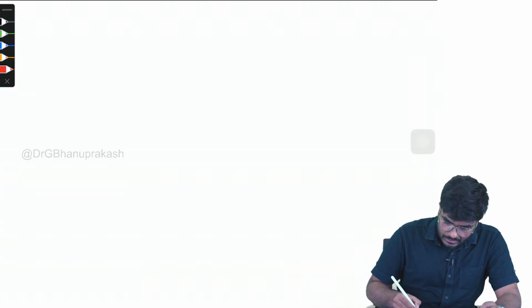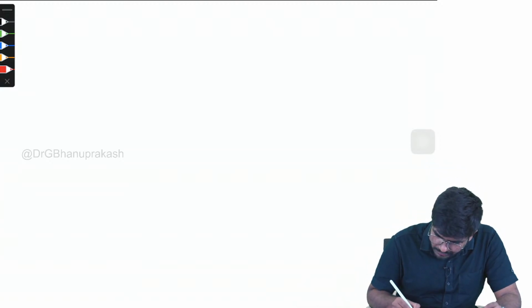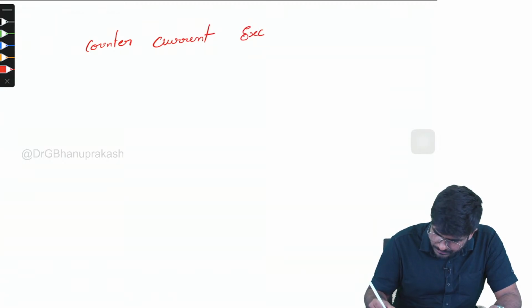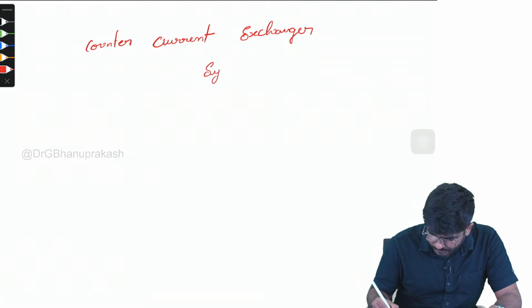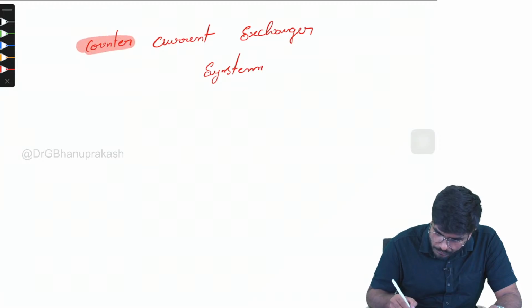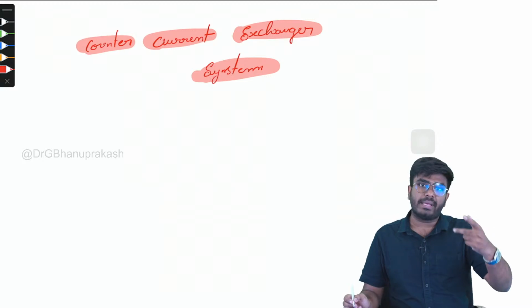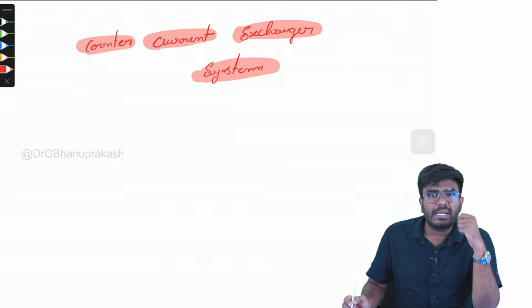Now, here I just want you to know one more important point, which is called the counter current exchanger. Guys, previously I taught you one important terminology, the counter current multiplier. So what is the counter current multiplier?